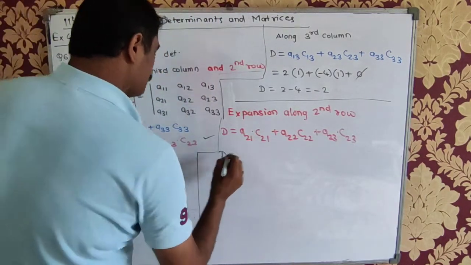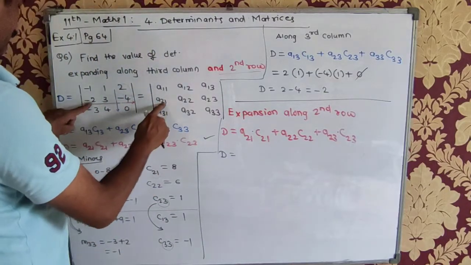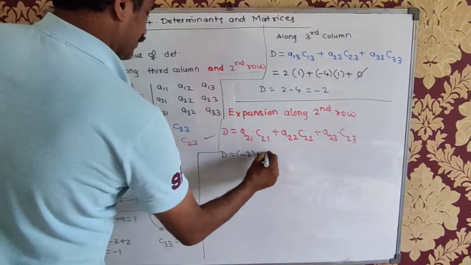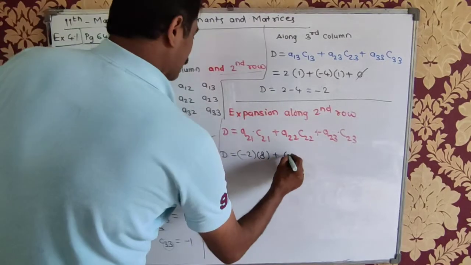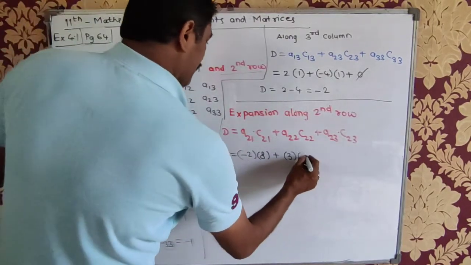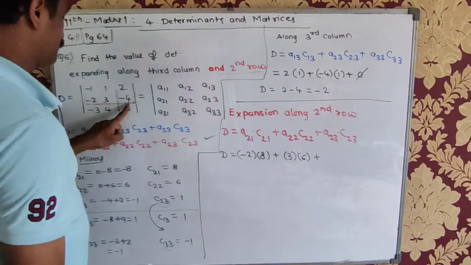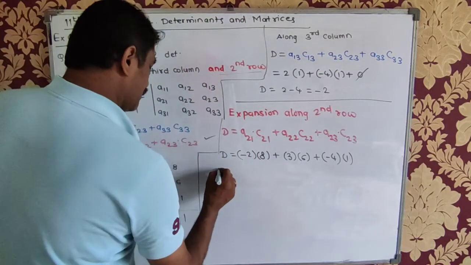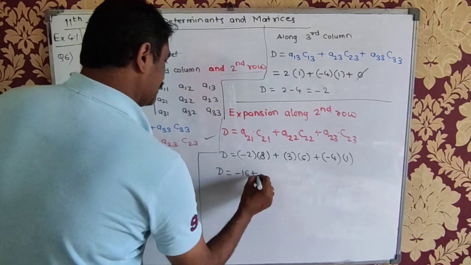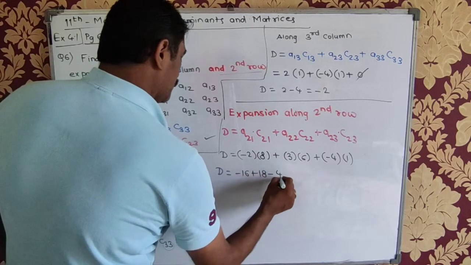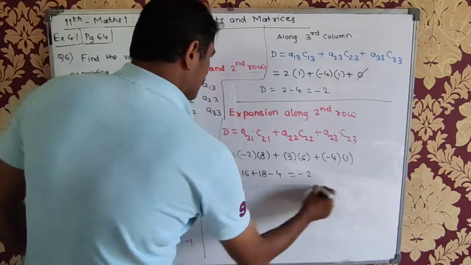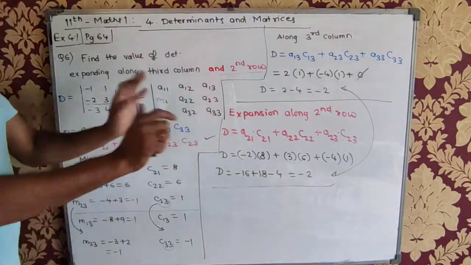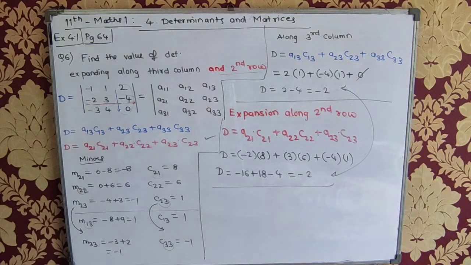So D is equal to A21 minus 2, C21 is 8, A22 is 3, C22 is 6, A23 is minus 2 and C23 is 1. Open it. So D is equal to minus 16 plus 18 minus 2, which is minus 2. Is it the same answer? Yes. You can expand it along any row or any column, you will get the same answer. Please note this.